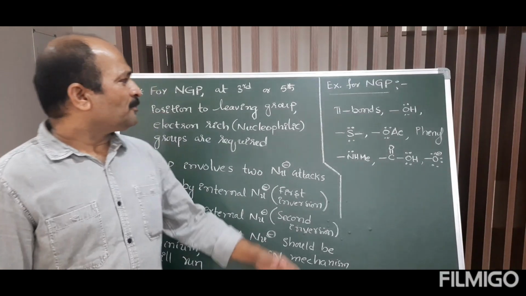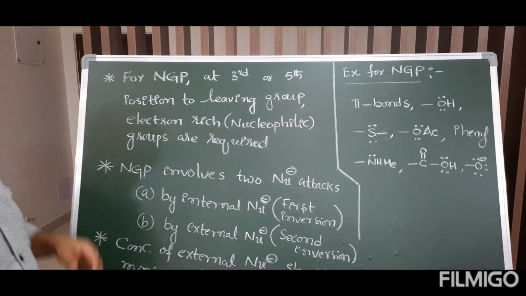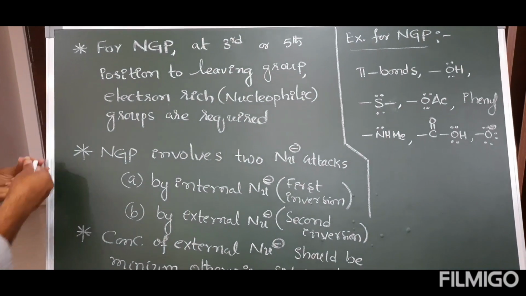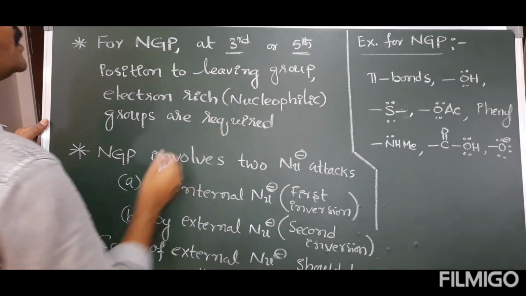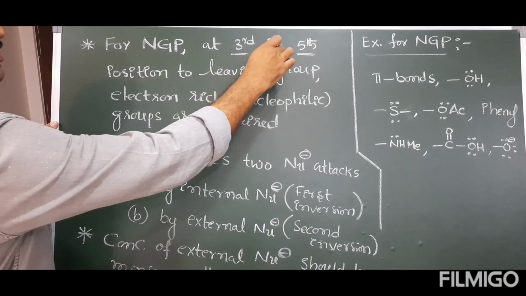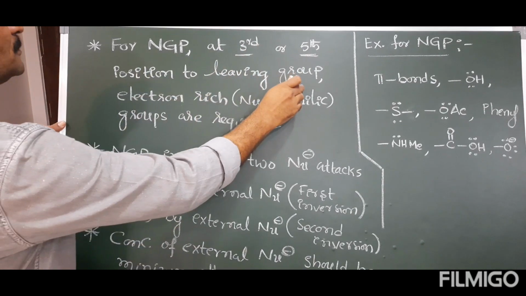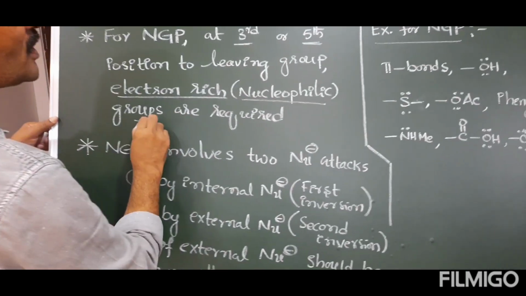Students, I am going to brief the important points for the NGP. First, students have to remember, for NGP, at the third or the fifth position from the leaving group, electron rich groups, that means nucleophilic groups, are required.